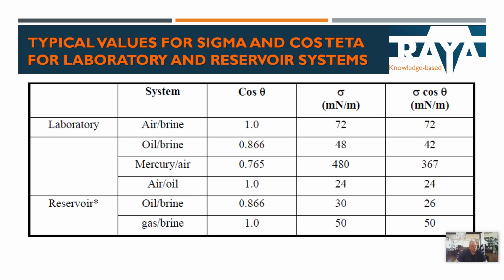When we want to model the saturation height, we need to define the contact angle and surface tension values of the fluid system for laboratory and reservoir conditions. And you see in this table the values of sigma and cosine theta for different fluid systems.